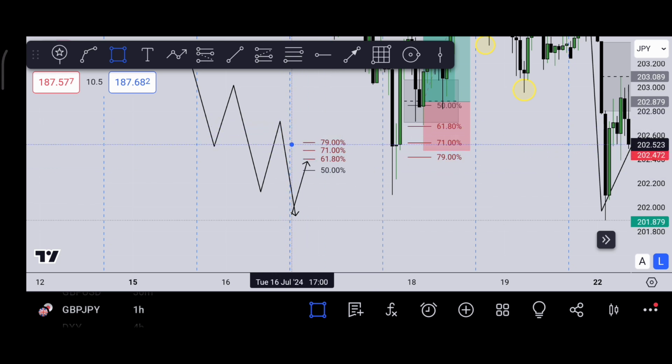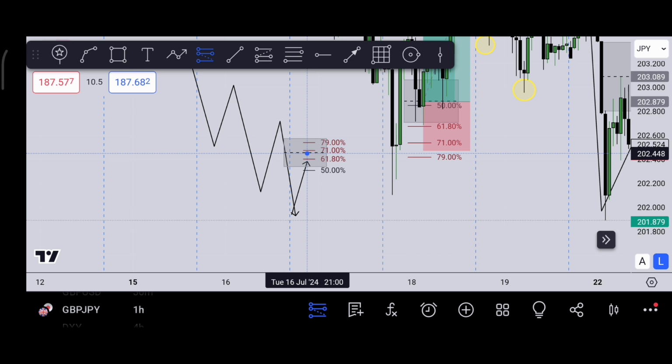That's pretty much how it's done. When price moves into your premium, you have to be looking for some POI to take your entry so you can sell it down. And when it moves into your discount, you look for some POI again to take your entry, so you can buy it up with a reasonable target as well.